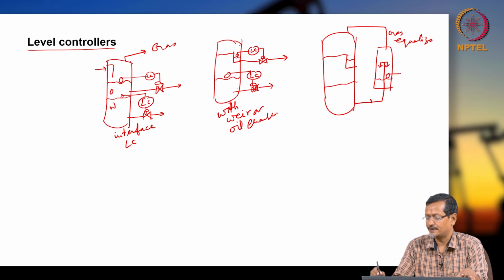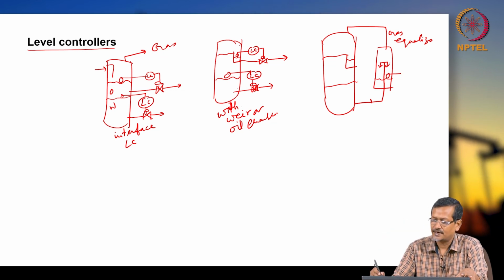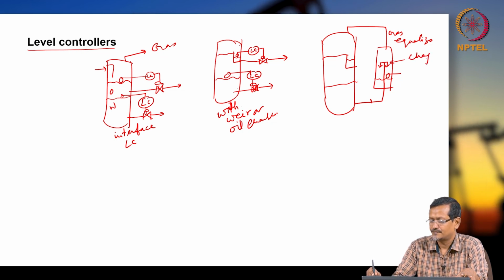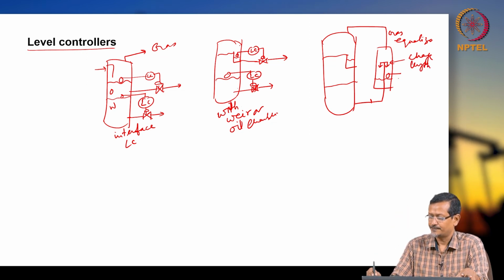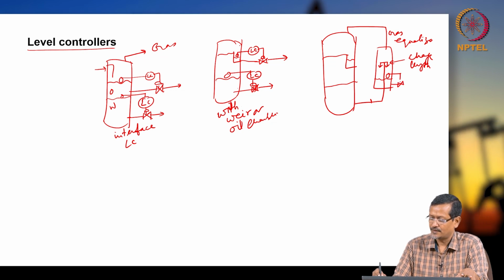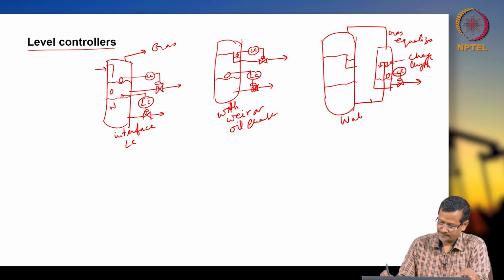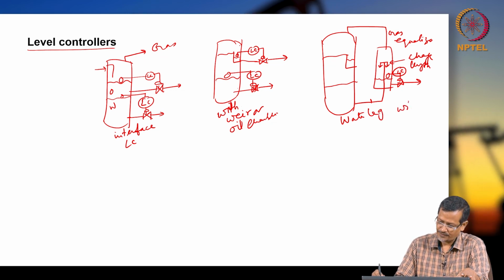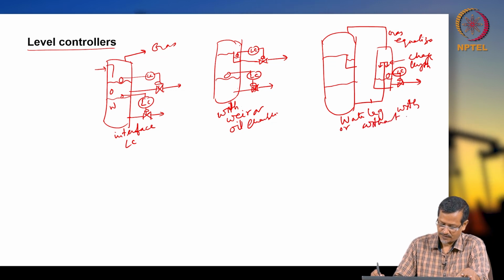So, you are creating a more complex system, but you will have more control because you can change the length or height of this spreader. Again you are putting a level controller, LC here. This is called water leg. So, separately you are creating another leg, water leg, with or without oil chamber.